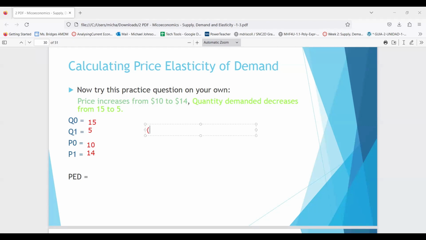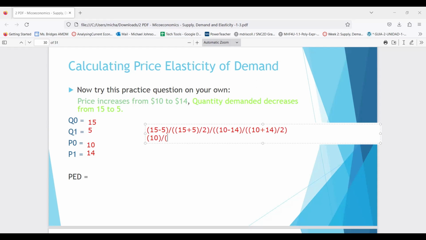So if you're going to do this with the midpoint method, this is how you would do this one here.